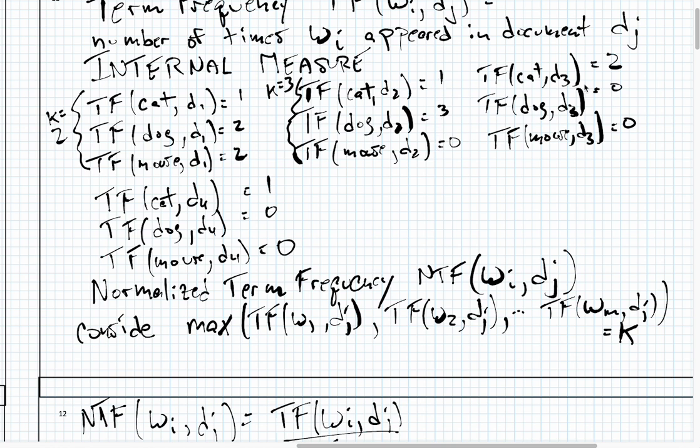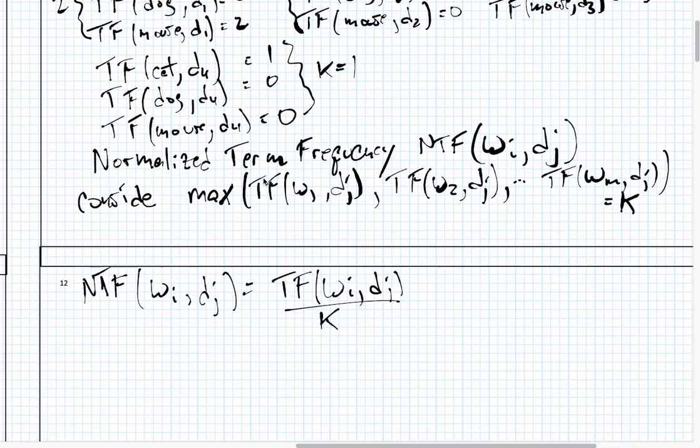It's the biggest of all the numbers here. In this example right here, k would be equal to 2. And in this example right here, k is equal to 1. So the biggest one here is 2. To get the normalized term frequency of these three terms, I would divide everything by 2, and I would get 1/2, 1, and 1. Over here, I would divide everything by 3, and I would get 1/3, 1, and 0. Over here, I would divide everything by 2, and I'd get 1, 0, 0. And over here, I would divide by 1, and I would just get 1, 0, 0.